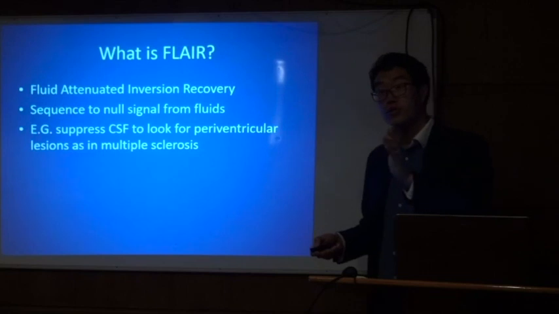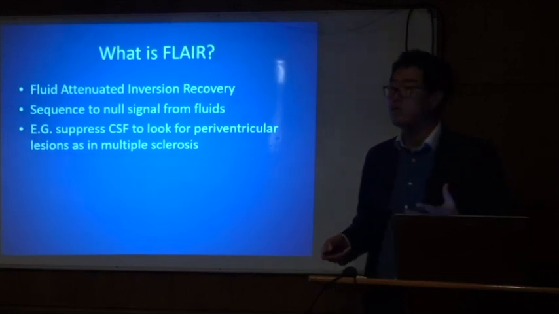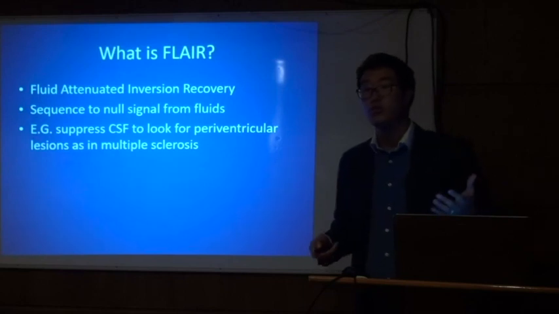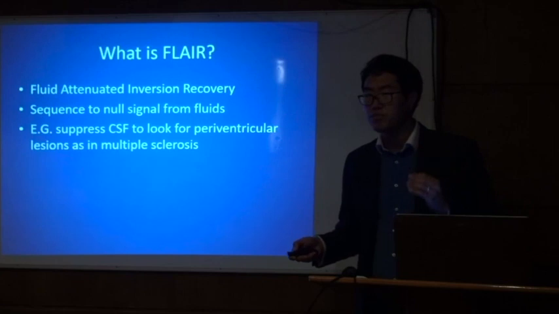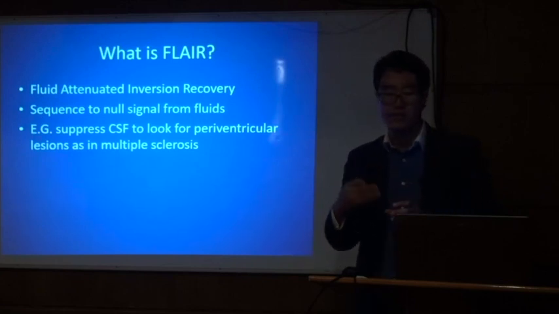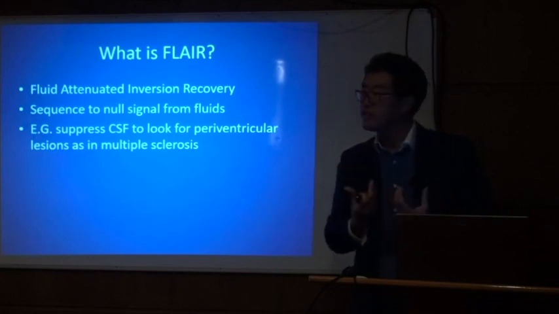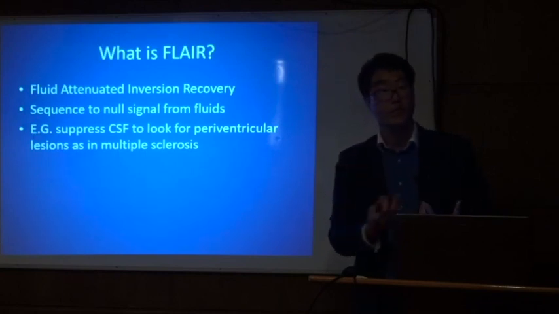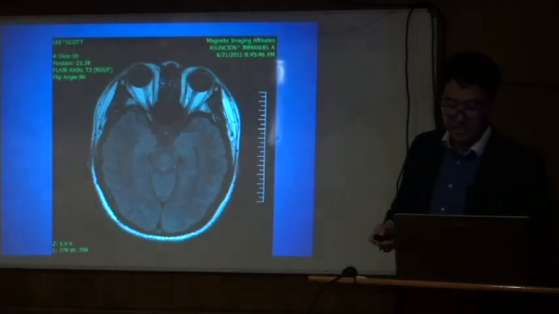You want to order a certain scan to look at the periventricular lesions to see if they have MS. Make sure you order a FLAIR sequence. Is that very clear? Because the fluid that's there versus that within the brain and the periventricular lesions will be very similar, and you will miss that. And you'll be confused when you order the MRI. So just make sure that you order the FLAIR sequence in those circumstances.